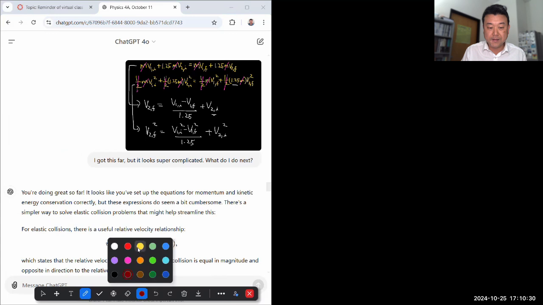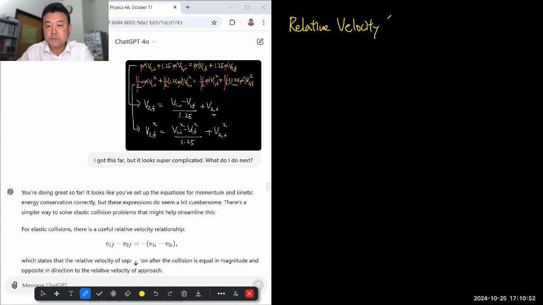So let me write down the title of what I'm deriving. Relative velocity relationship for elastic collisions. I don't know if there's a standard name for it. This is the name that ChatGPT was using, and since I learned it from ChatGPT, let me use ChatGPT's word for it.